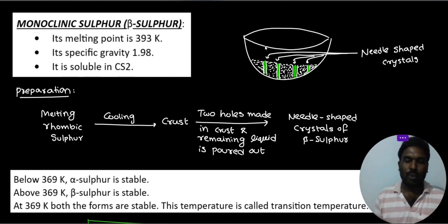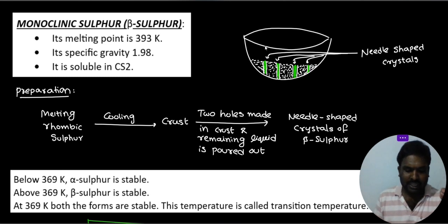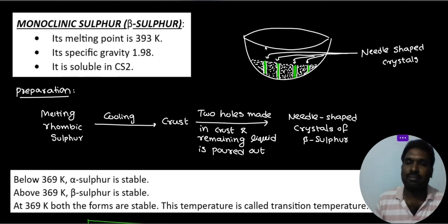Now preparation. How can we prepare monoclinic sulfur or beta sulfur? We take melted rhombic sulfur, that is, liquid rhombic sulfur. When it undergoes cooling, a precipitate-like compound is formed, that is called crust. Then in that crust we can make some holes.